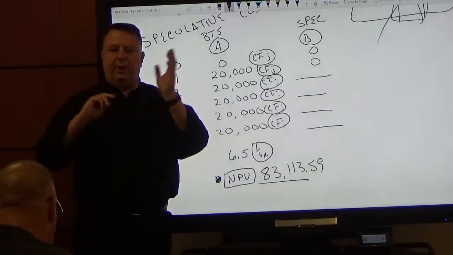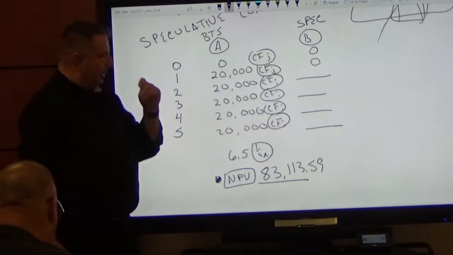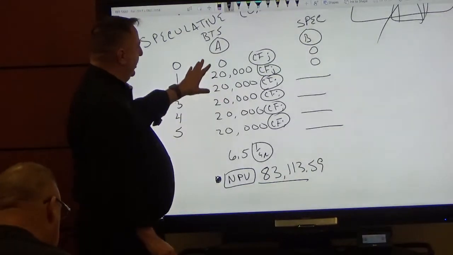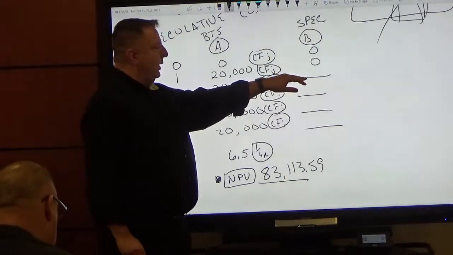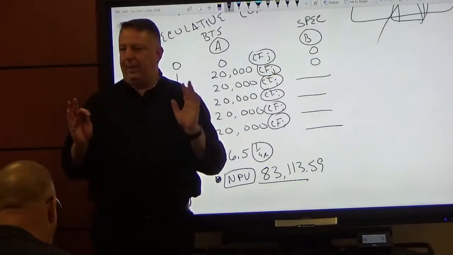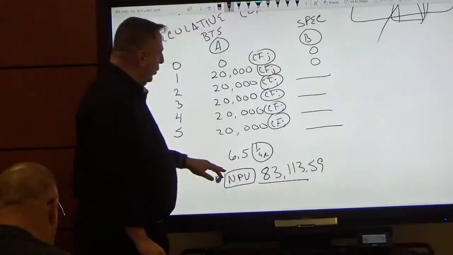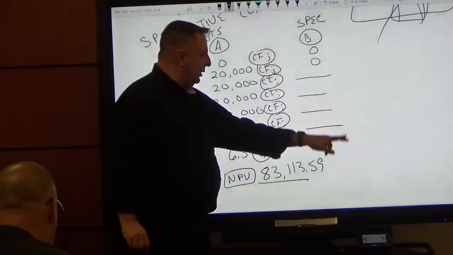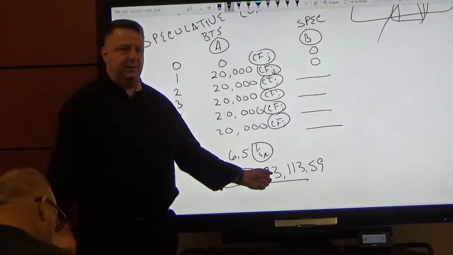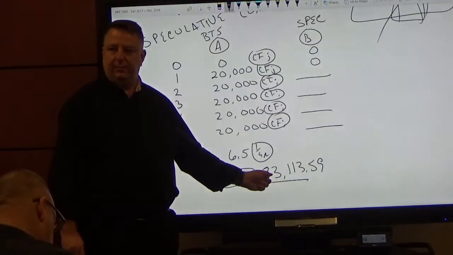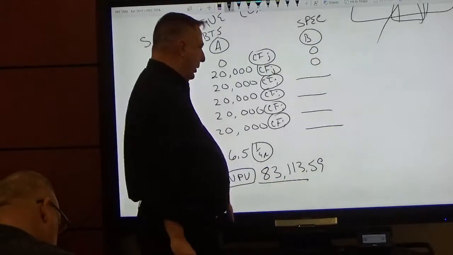So if we're looking at it from the standpoint of making ourselves whole with this side, then we're going to want the net present value over here to be the same as this. Does that make sense? So this is one way we can work it, okay?